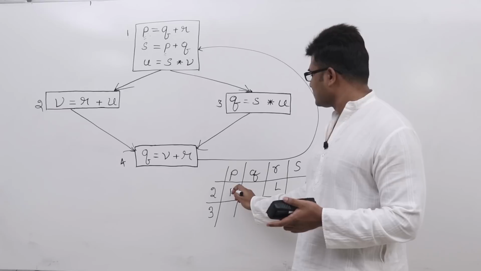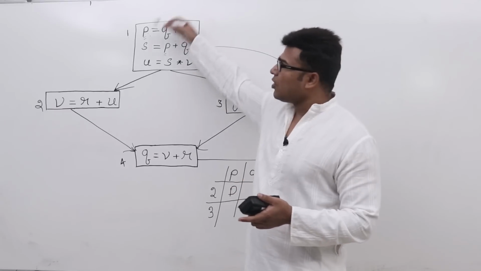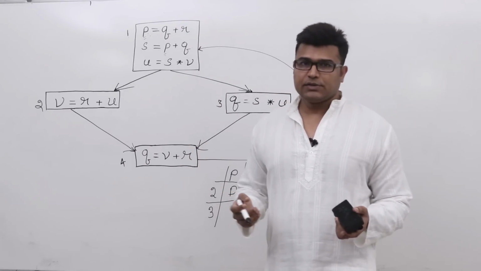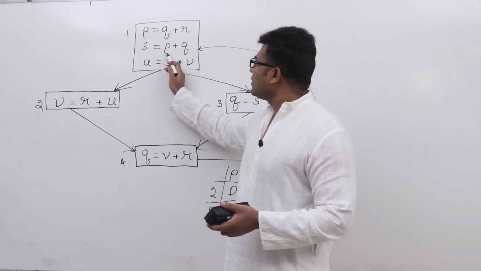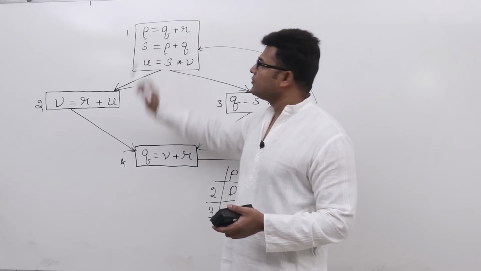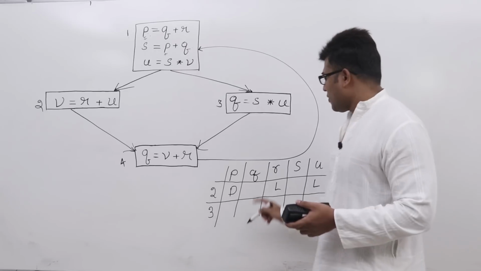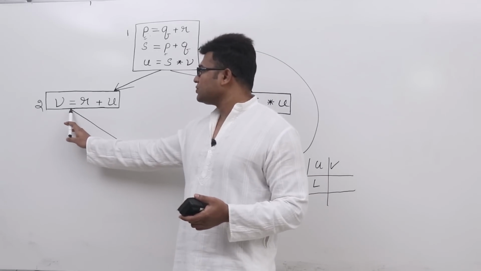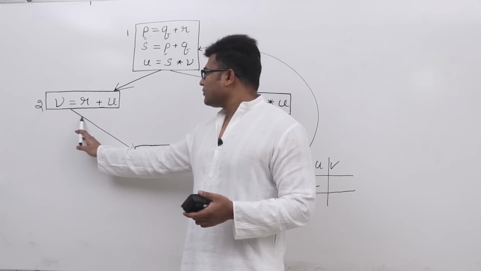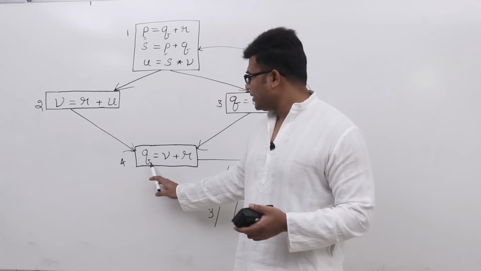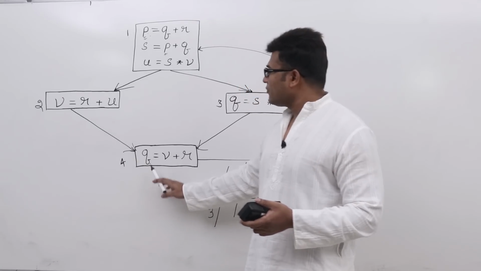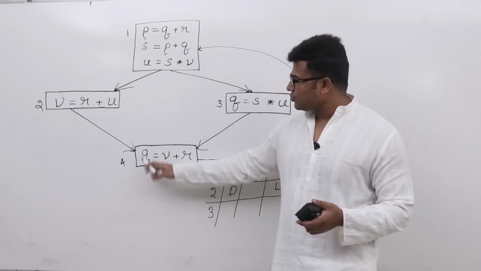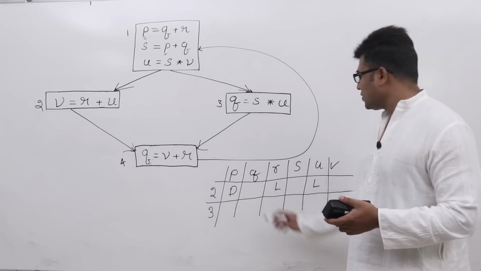Even though this is a basic block, I am just analyzing it as if it is a sequence of statements. Now coming to Q. For 2, see if Q is being used anywhere. The only path from 2 is to 4, and here it is clearly defined, therefore we will not be able to reach any usage of Q without going through this definition, therefore Q is dead.